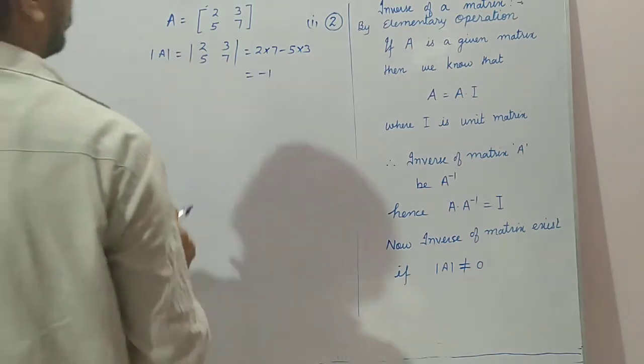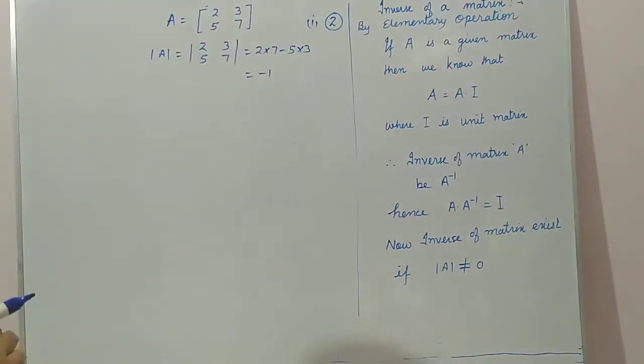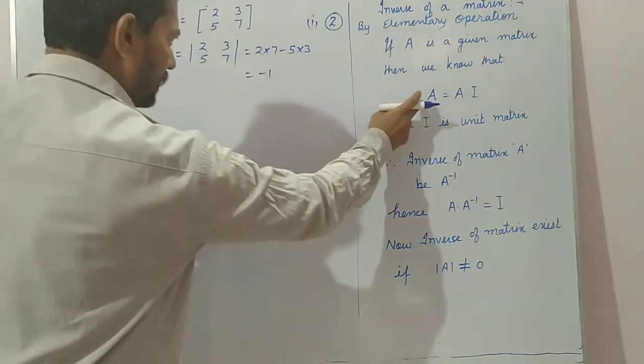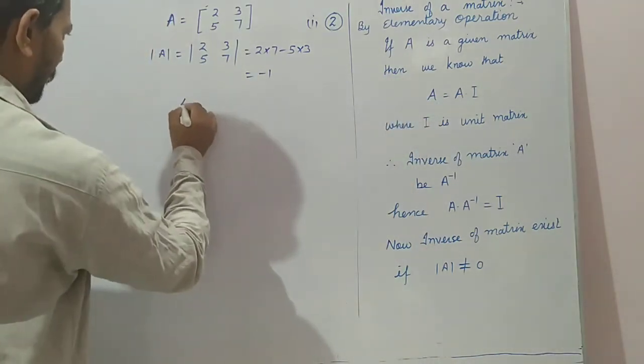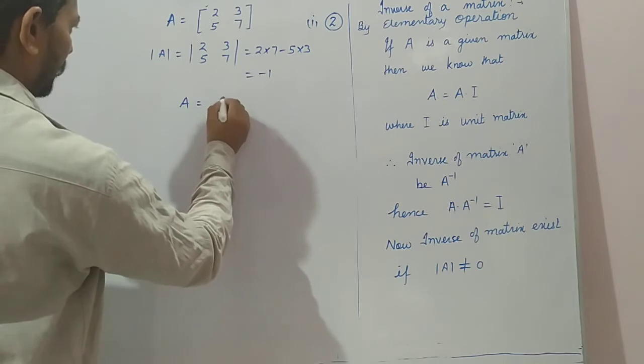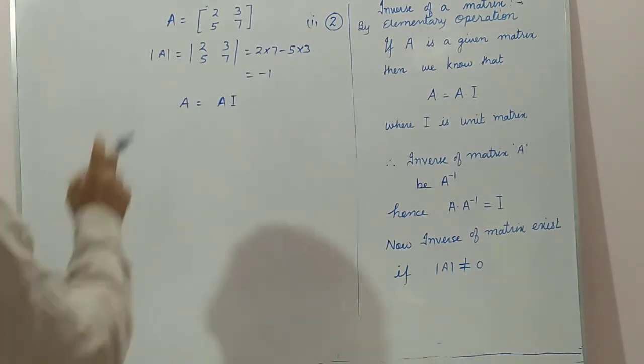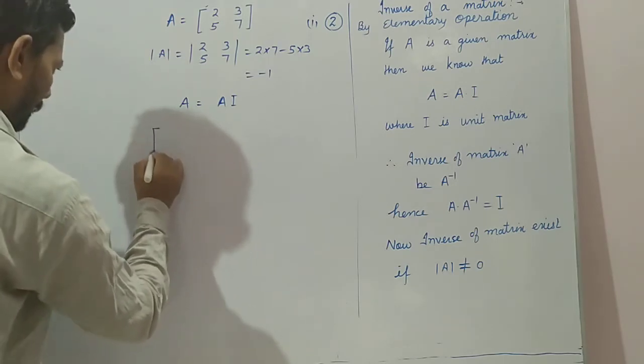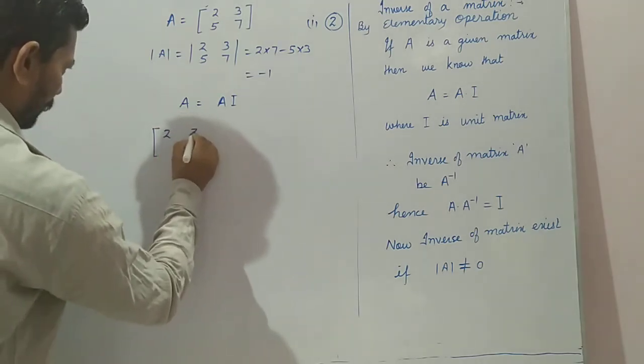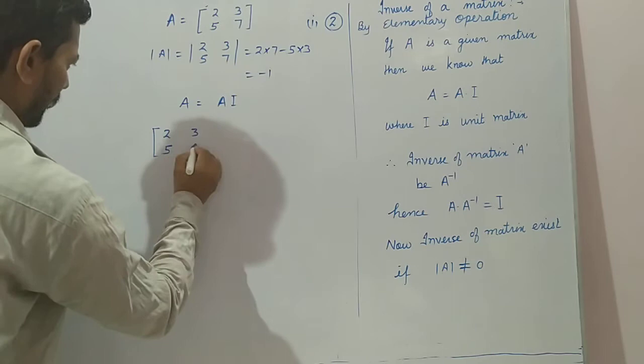That means this is not equal to 0, so we can find the inverse of the matrix. Now we will use this concept: A is equal to A into I. A is 2, 3, 5, 7.